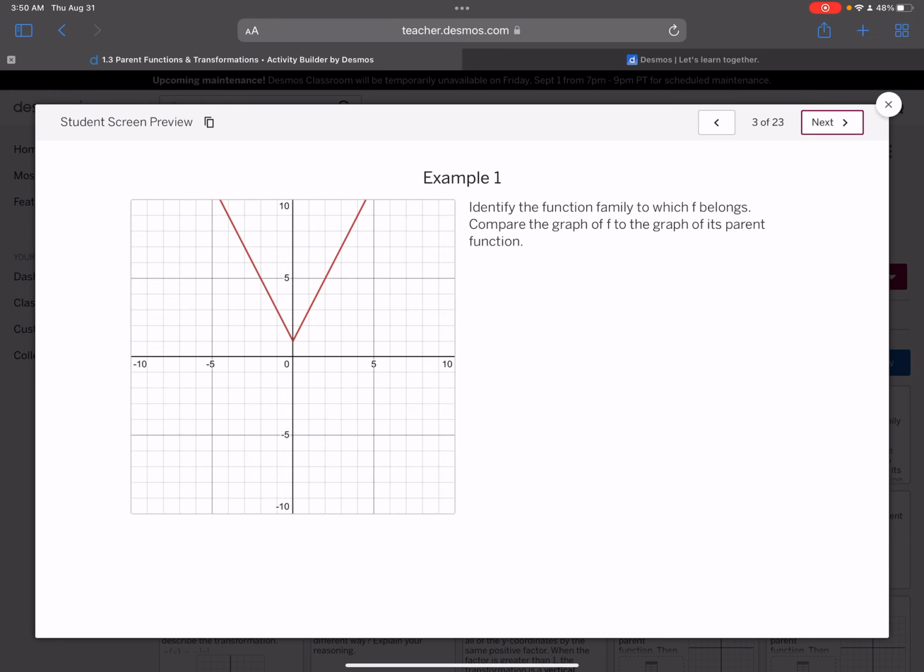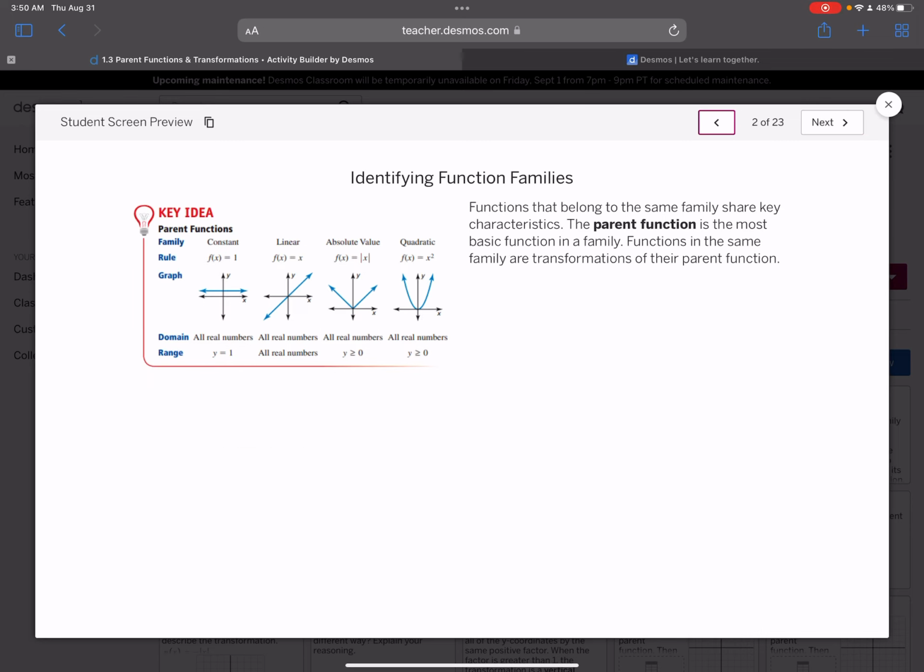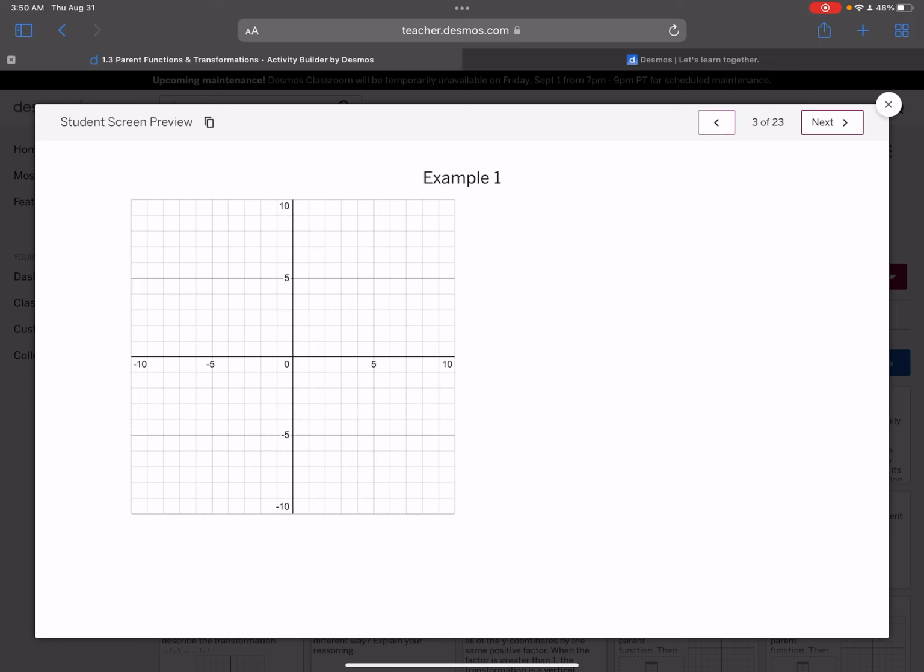All right, so example 1, identify the function family to which f belongs. Compare the graph of f to its parent function. So looking at this, it's that V shape. It's the two lines that meet in the middle. So I know it's absolute value. When I'm comparing it, let's go back to this picture. My absolute value parent function hits at the origin. Up here, in this example, it's hitting at y equals 1.